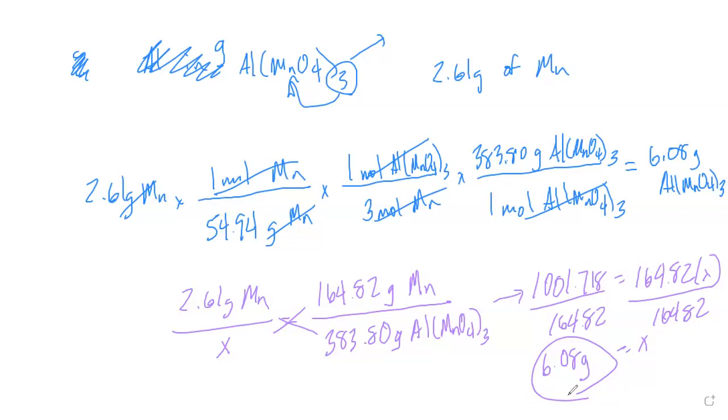This one focuses on the relationship, knowing that this is a mass percent at its very heart. If I figure out the mass percent of manganese in the aluminum permanganate, I could figure out the amount of permanganate that contains that amount of manganese. The percentages would be equal to each other.